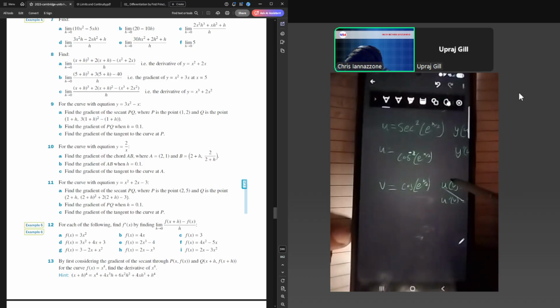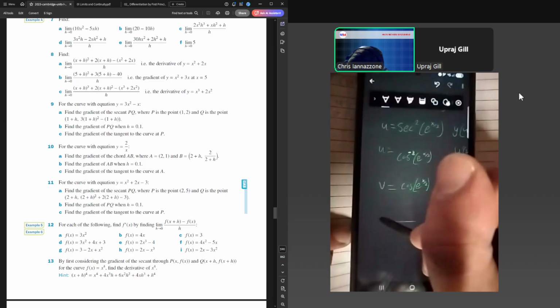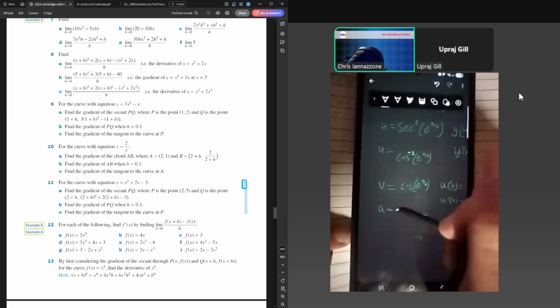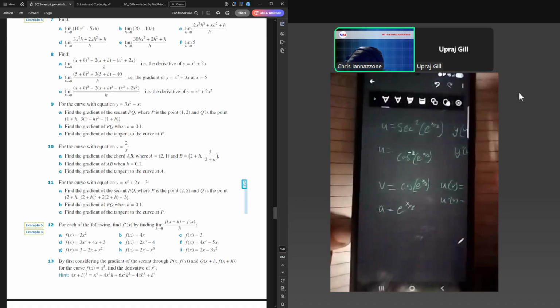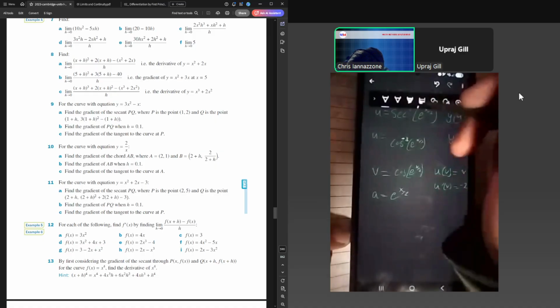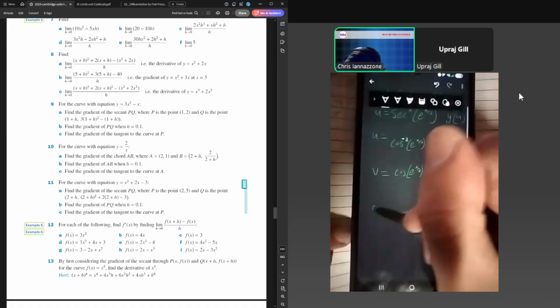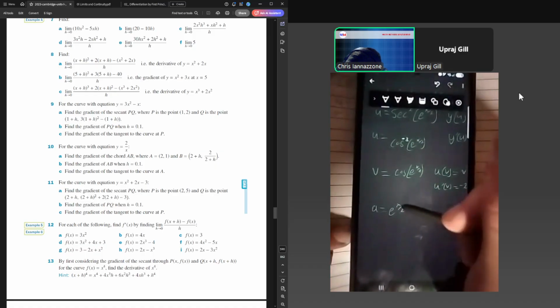So basically, we're looking for v dash. So u, v, x. We already kind of used x. Let's just use a now. We'll circle back. So a equals e to the x on 2. Probably should have put that below further. a equals e to the x on 2.